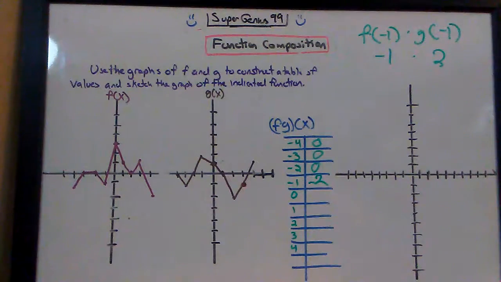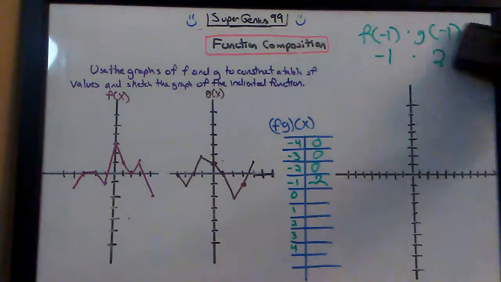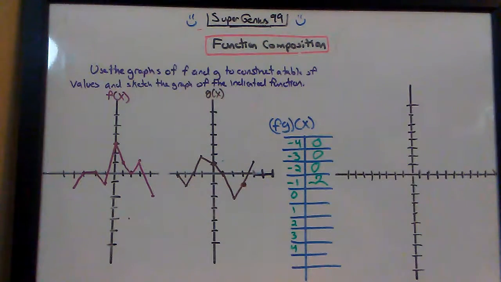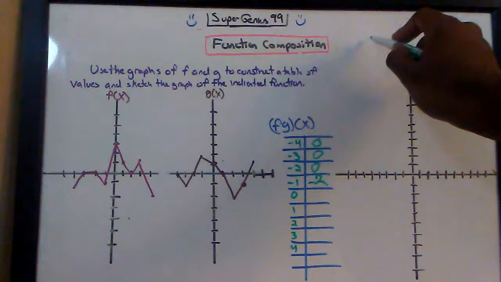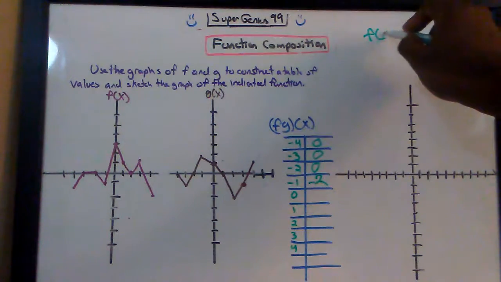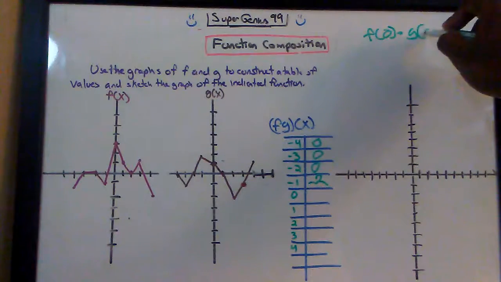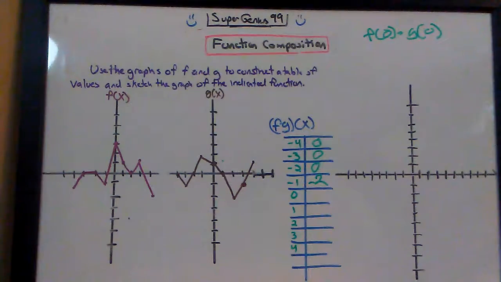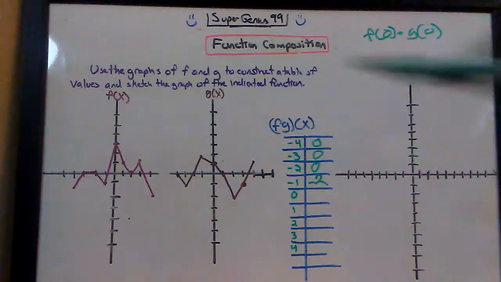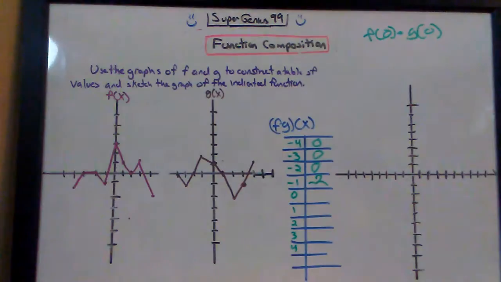Okay. Moving on, negative to positive. The product of f and g at x equals 0, which translates to f of 0 multiplied by g of 0. What is the corresponding y value when x is 0 in the f function? 3.